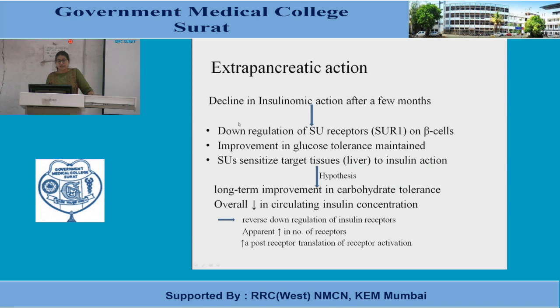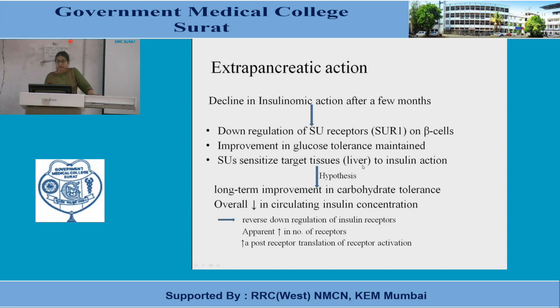And it is thought that there is downregulation of sulfonylurea receptors on beta cells. But still, there is improvement in the glucose tolerance. The glucose tolerance improvement which was there with the sulfonylureas is still maintained.